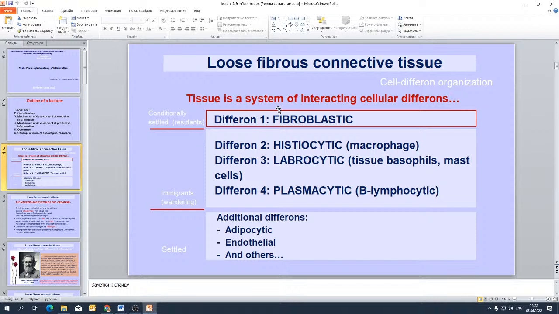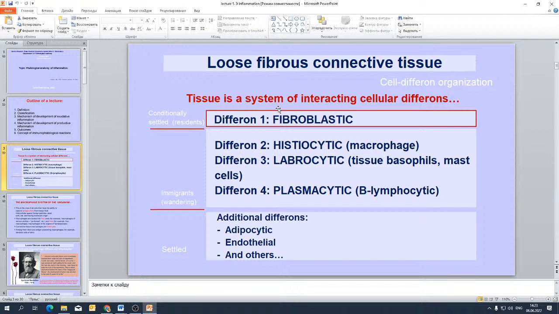For example, fibroblasts, fibrocytes, and these cells are needed for building. And there are other cells, for example histiocytes, macrophages, and these cells are needed for protection of the organism, for phagocytosis. And there are other cells, for example labrocytes, tissue basophils, and mast cells. These cells are needed to induce inflammation, but they do not form inflammation, only induce it.